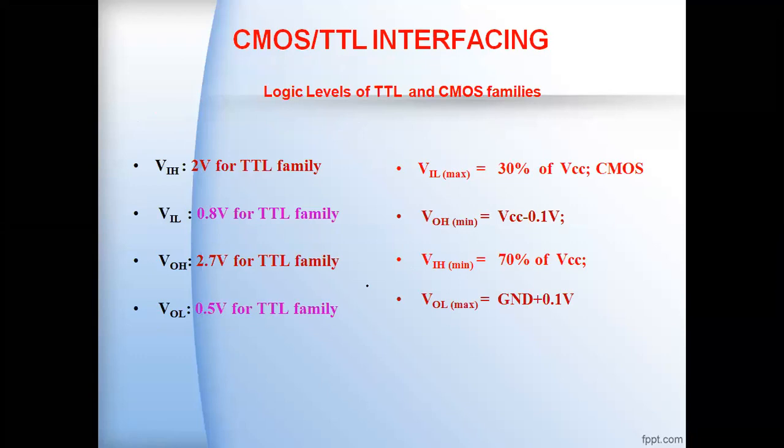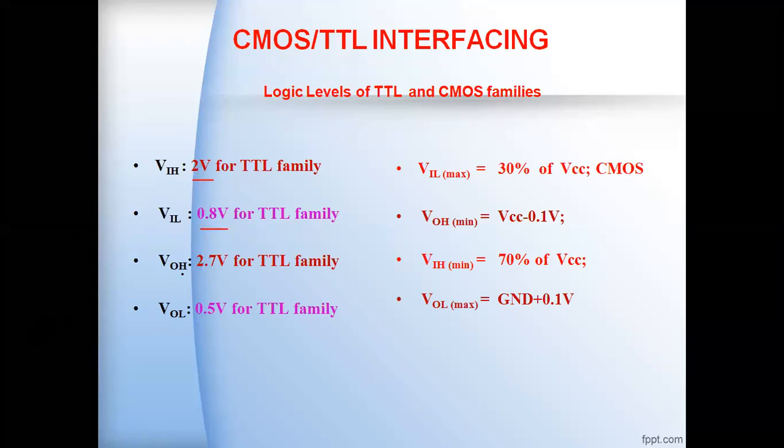Before that, let us see the logic levels of the TTL and the CMOS logic families. As we know, the voltage logic levels of the TTL are: VIH is 2 volts and VIL is 0.8 volts.